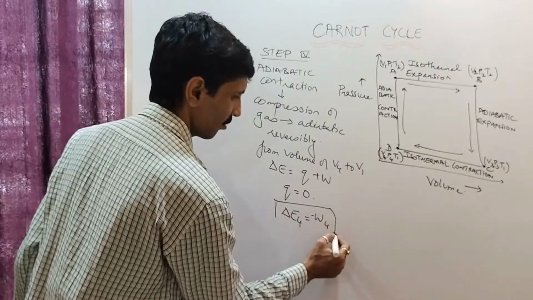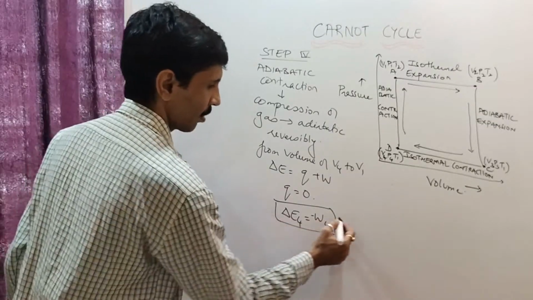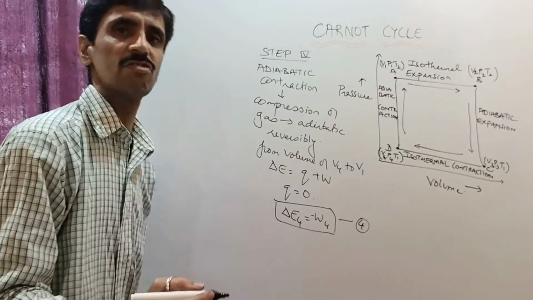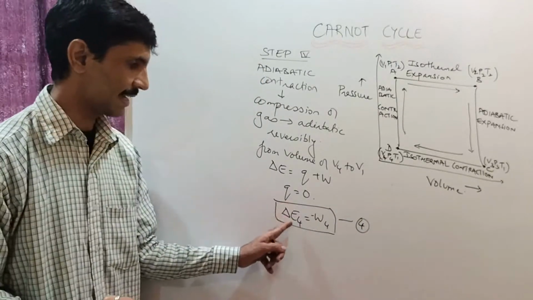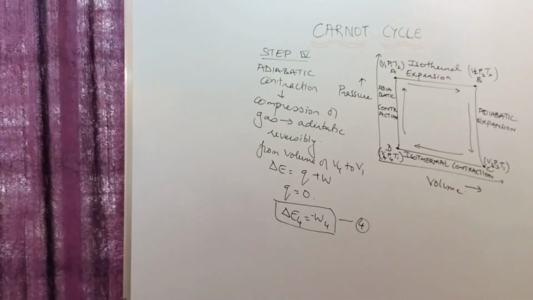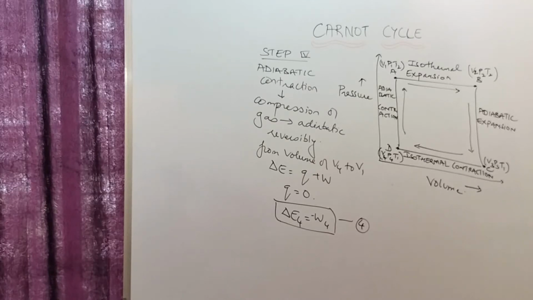The result is minus simply because the work is being done by the system. So that's the reason we have delta E4 is equal to minus W4. So this is, my dear friends, the fourth expression for this particular cycle, and in this way the cycle is also being completed, and we talk about this particular step as adiabatic contraction. I hope you have understood this step very well.